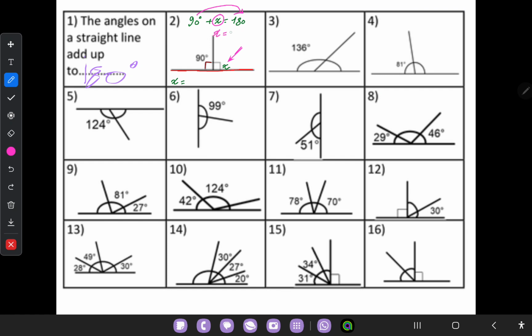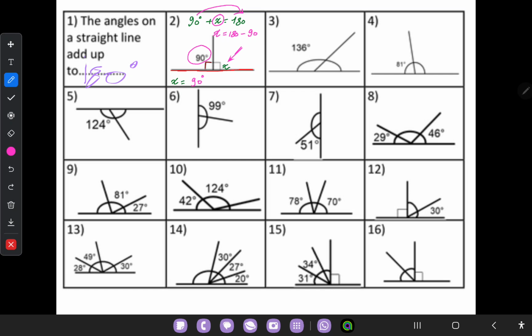So x will be 180 minus 90. In each problem, we have to subtract the given angle, which is 90 or any angle, from 180 to get the missing angle. So x equals 180 minus 90, which is equal to 90 degrees.